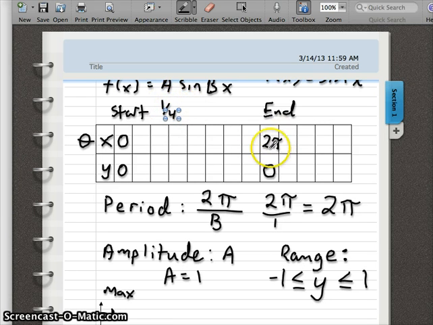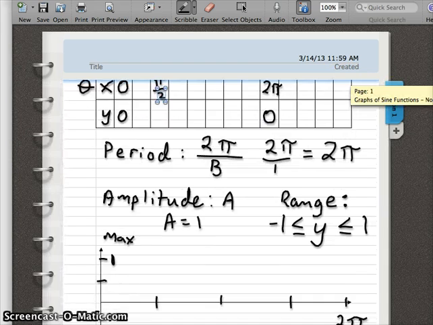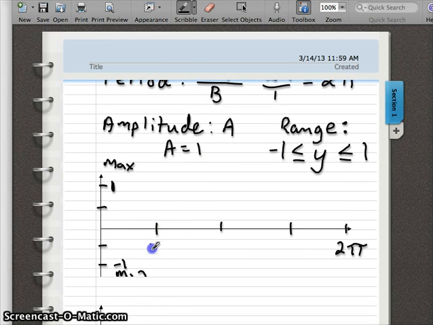So if I multiply my period by 1/4, that would be 2/4 pi, which would reduce to a half pi. So a quarter length of my graph is only going to be a half a pi. So down here on my graph I can put that at the quarter spot.